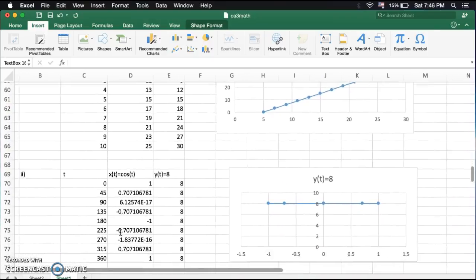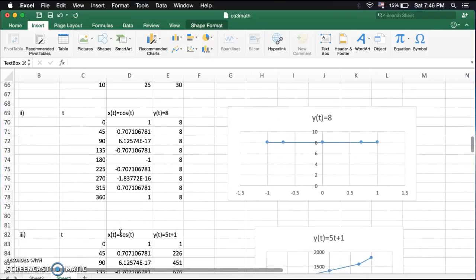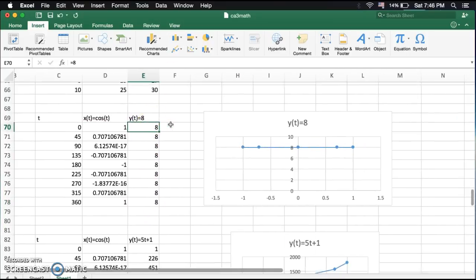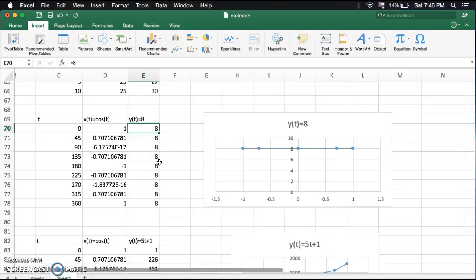Let's see more examples down here. When x(t) equals cos t and y(t) equals a, which is actually an oscillatory motion, it oscillates at the point y equal to a.